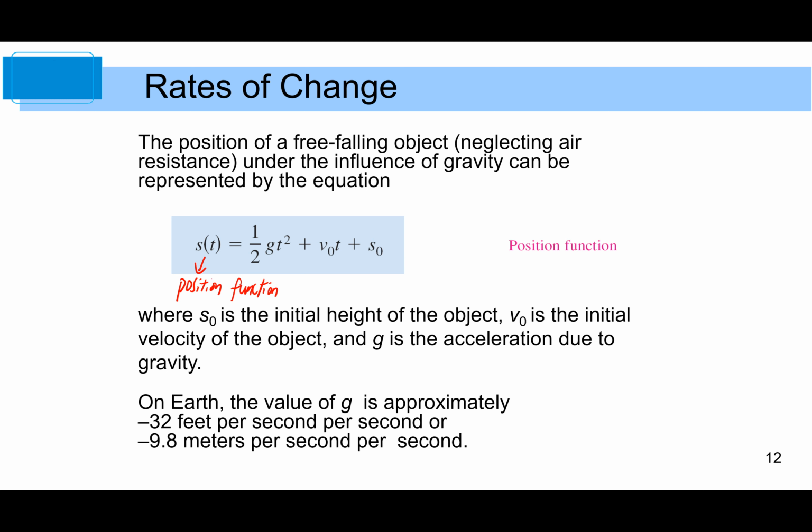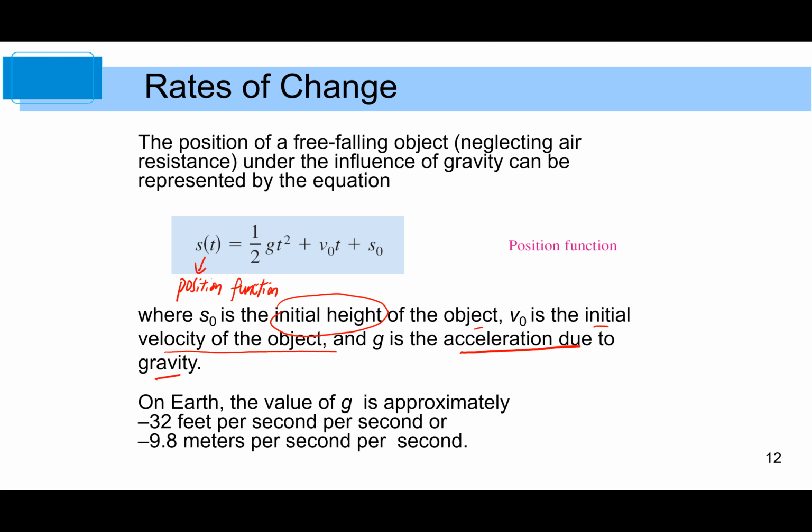Position at any time t equals one half times g times t squared plus v0 times t plus s0, where s0 is the initial height of the object, v0 is the initial velocity of the object, and g is the acceleration due to gravity.